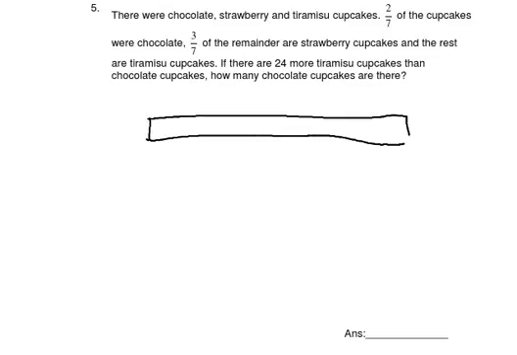This model represents the total number of cupcakes. Am I right? Okay, so 2/7 of the cupcakes. That means I need to cut the model into how many parts? 7 parts. Very good. 1, 2, 3, 4, 5, 6, 7, right?